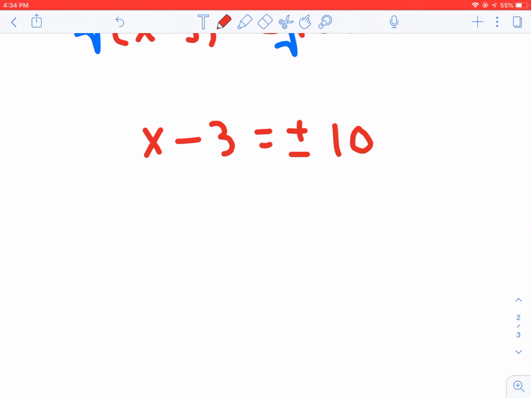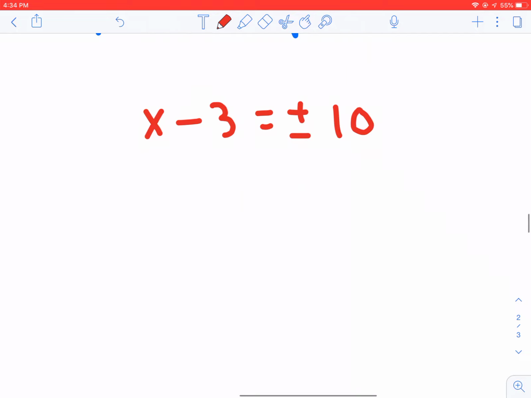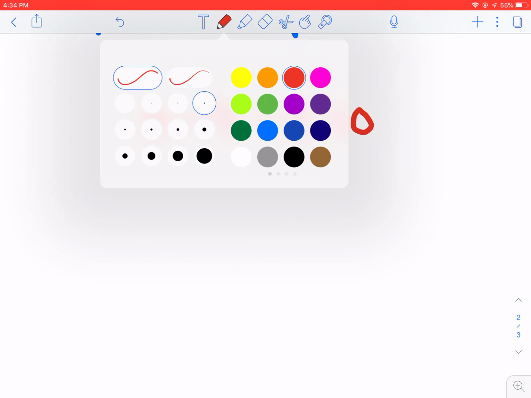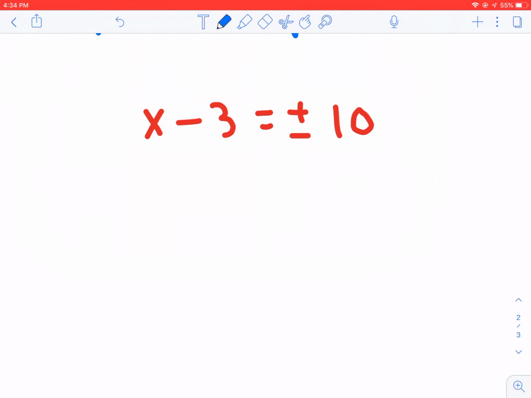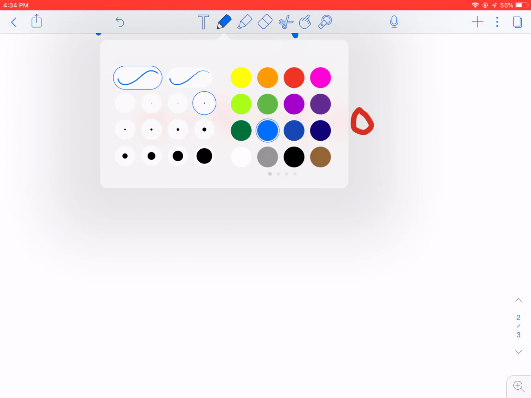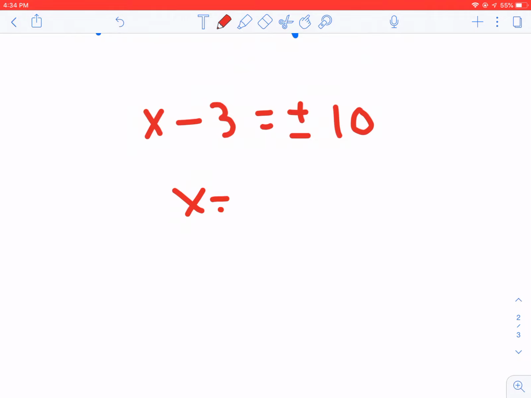Right, at this point you can add 3 to both sides, or you can split it up into 2 equations right now. It's really up to you. I like adding 3 to both sides first. So adding 3 to both sides, we get x equals 3 plus or minus 10. Right? Or if you want, you can say plus or minus 10 plus 3. Right?